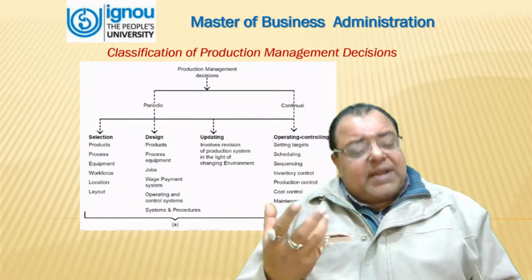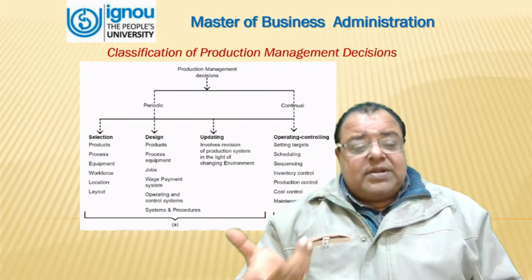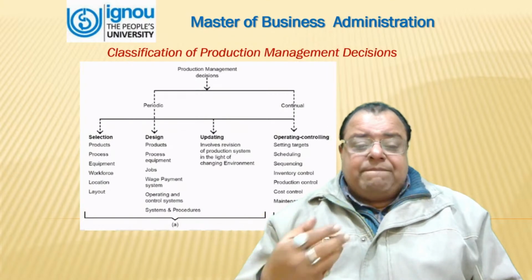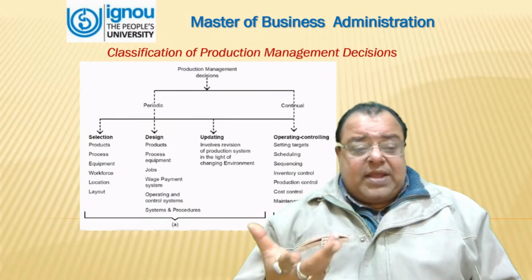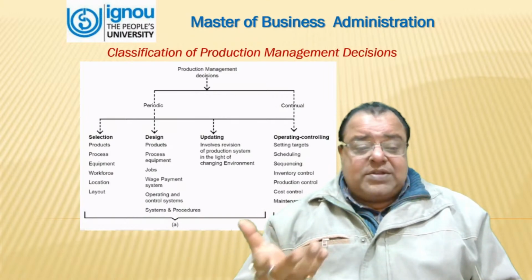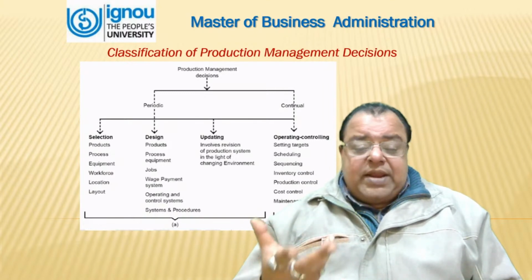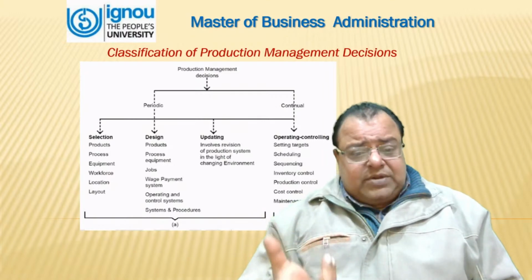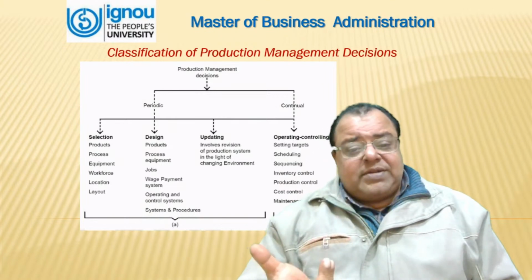If we talk about the selection part, it is products, processes, equipments, workforce, location, and layout. After the selection, the design comes, which includes again product, process, equipments, jobs, wage payment system, operating and control system, and system and procedures. Now, we are into the process. The updation is required.